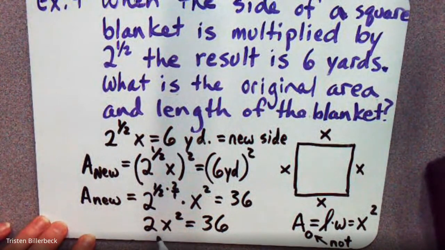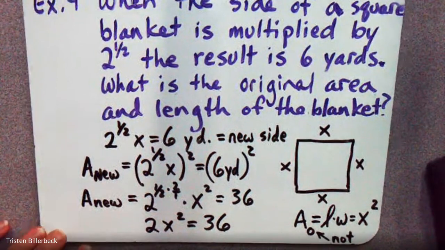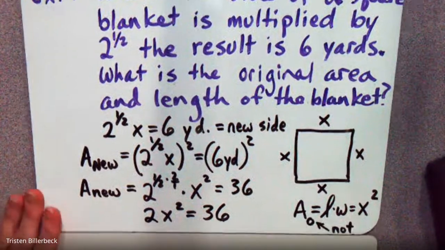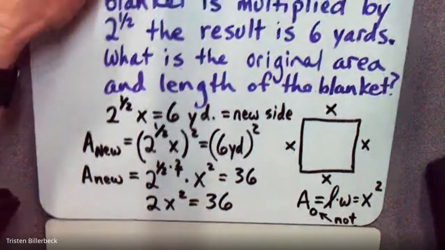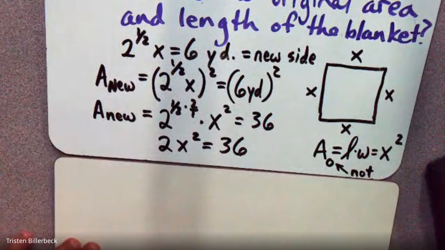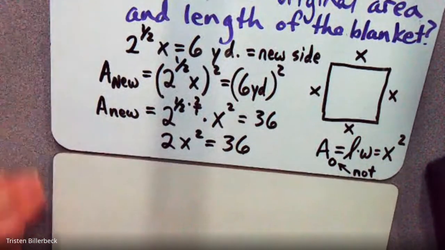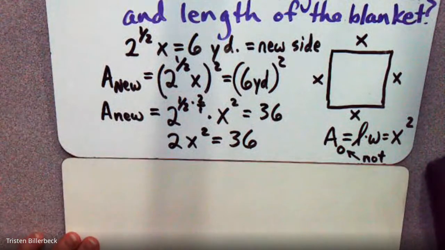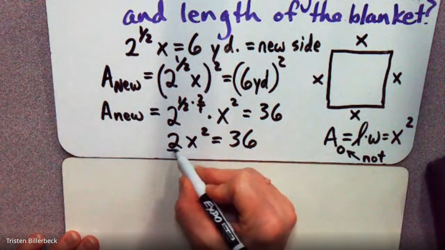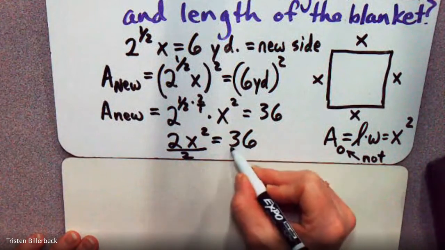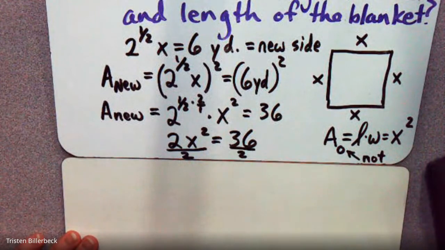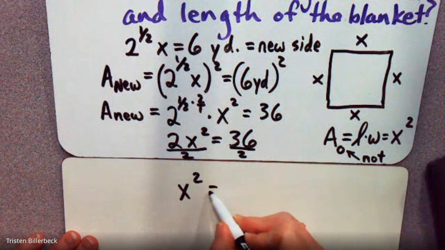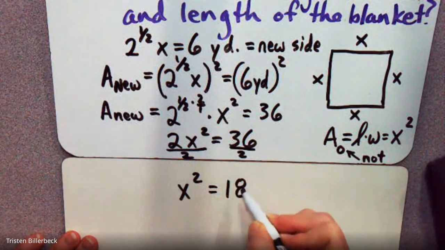So we have a 2 with our x squared. So this needs to go away. So what we're going to do is we have 2x squared. We're going to divide by 2 and divide by 2. So that's going to leave us an x squared equals 18.